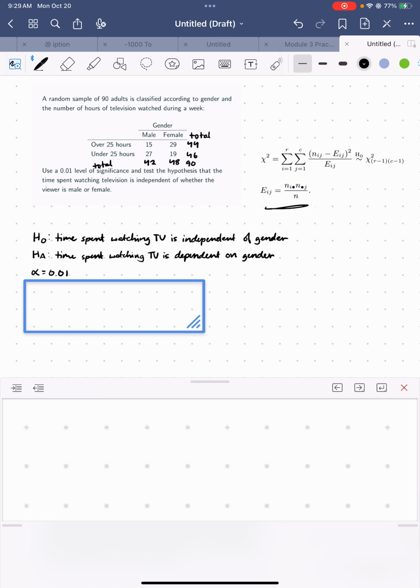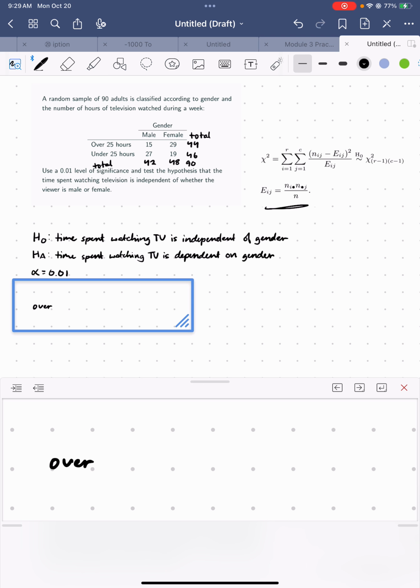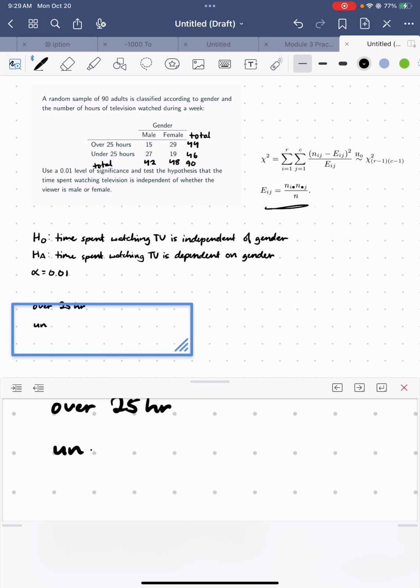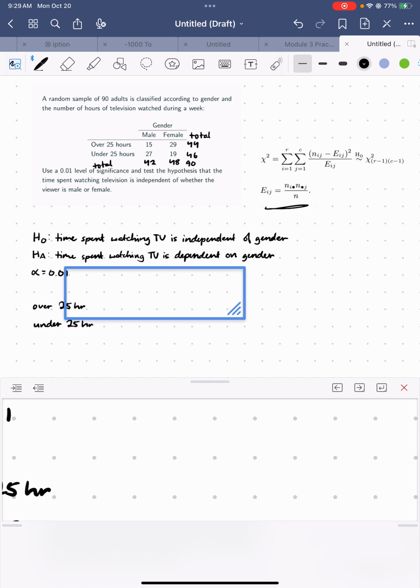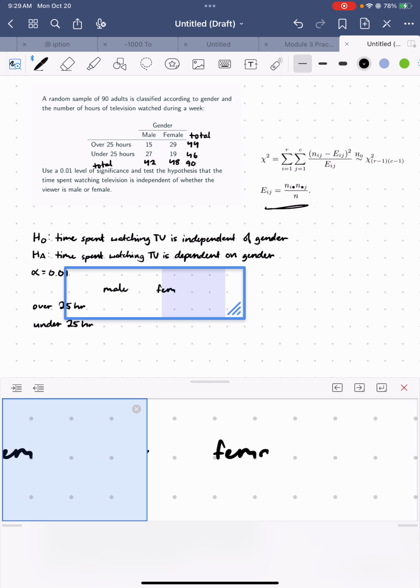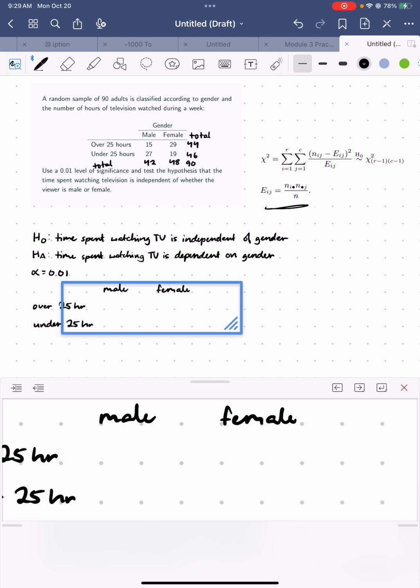And now we can calculate our expected counts. So we can do over 25 hours, and we can do under 25 hours. And we can have our gender up here. So we have male and female. And so we calculate all of these.